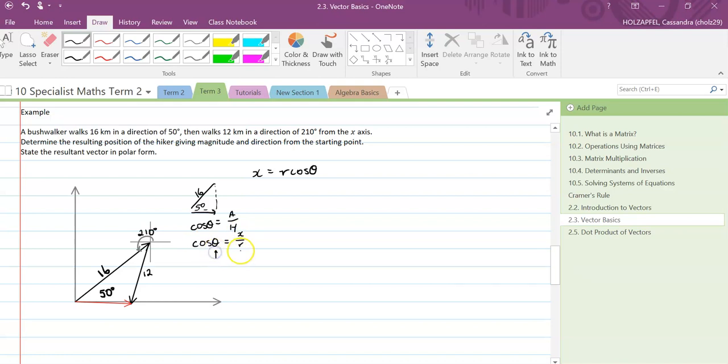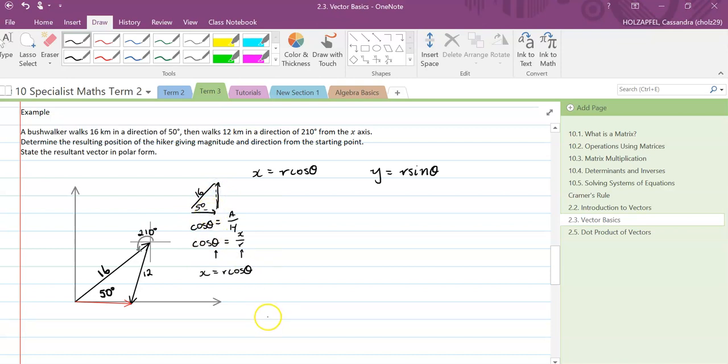Since we have theta and r, rearranging for x, we get x is equal to r cos theta. We can do something similar and determine that y is equal to r sine theta, because we'd be looking at the opposite side, this length here, as opposed to the adjacent side.